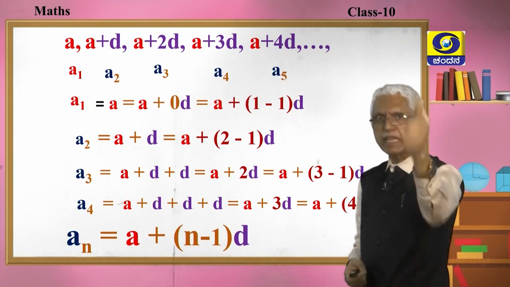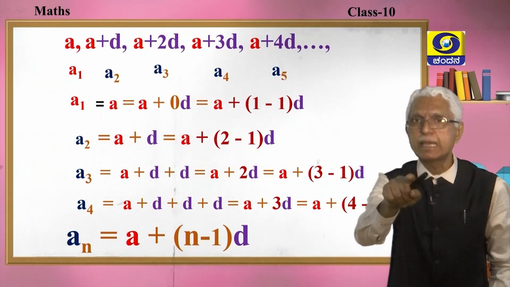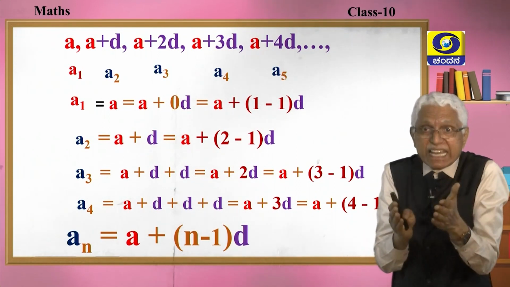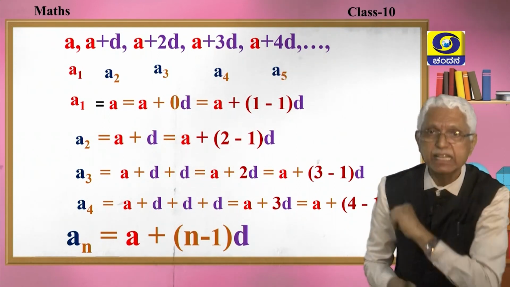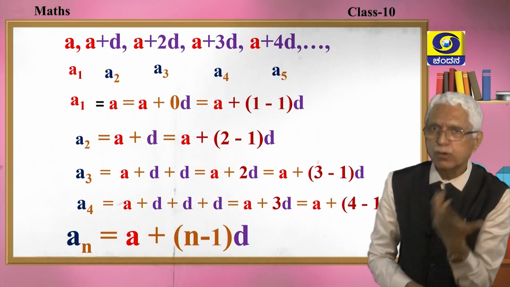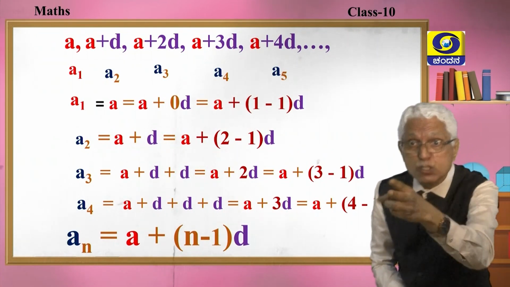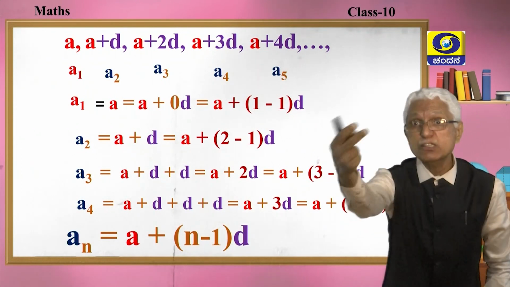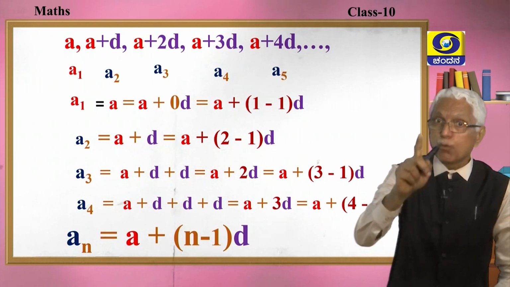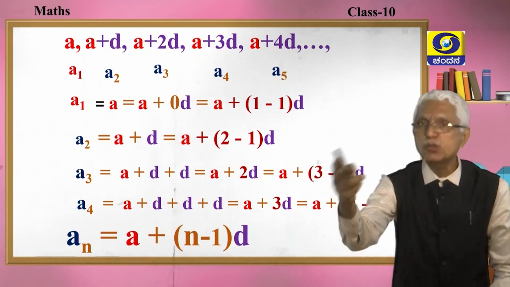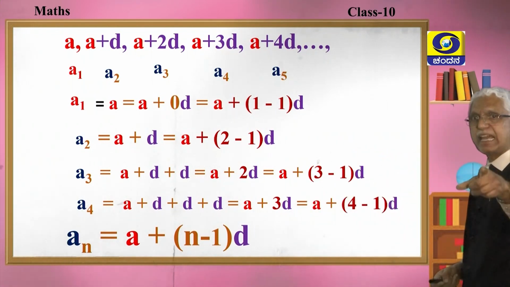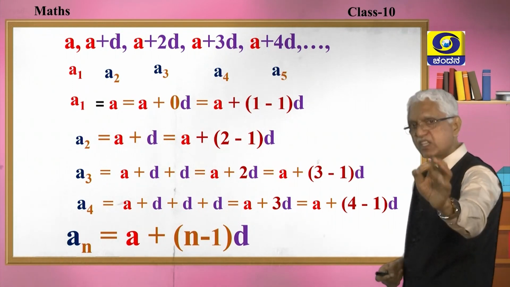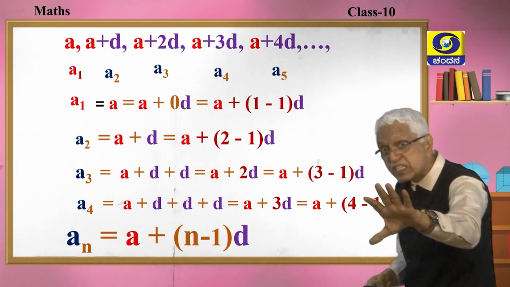Which is the first term? A. What is the difference? D. A plus D. D is nothing but 1D, correct? That 1 is written as 2 minus 1. See the beauty of it. 0 was written as 1 minus 1. Correct? 1D. 1 is written as 2 minus 1. Take the second example. A3 is A, first term, plus D, second term, plus D, third term.